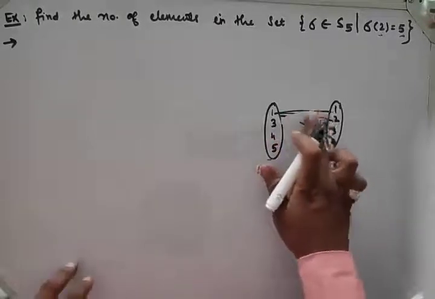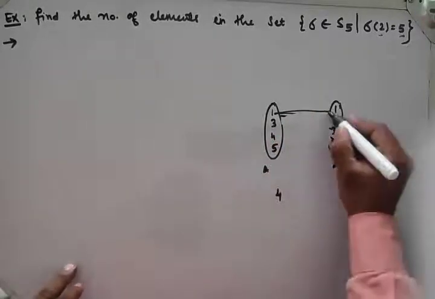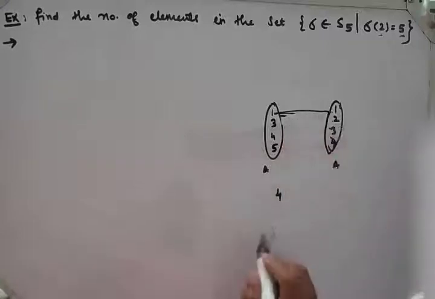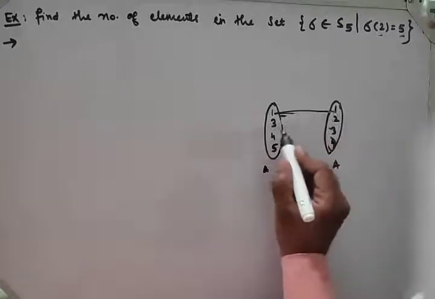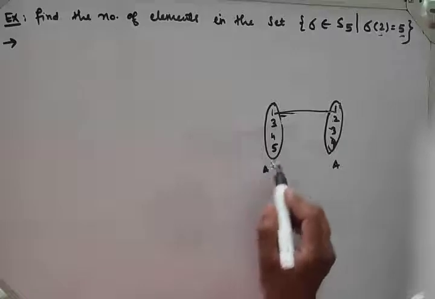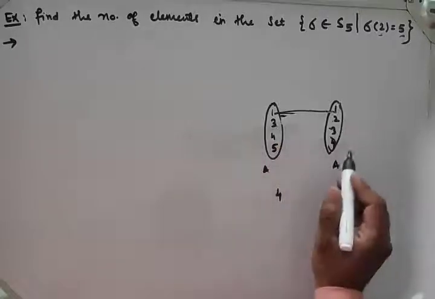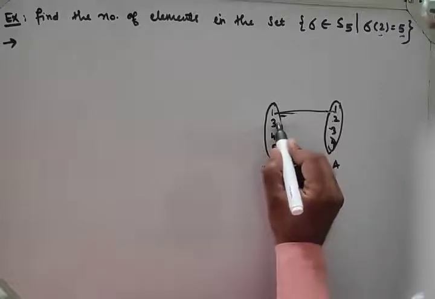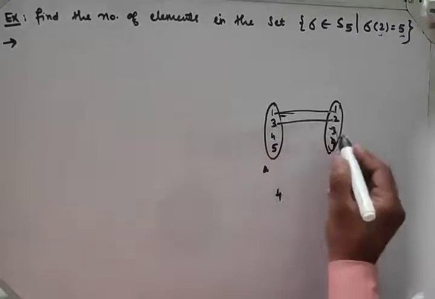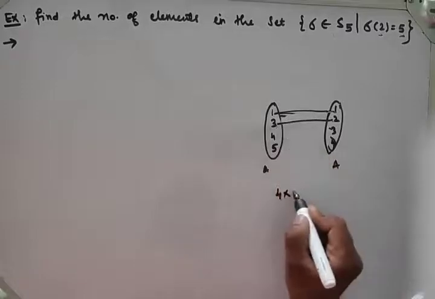If I fix any one of the choices, suppose I fix 1 to 1, then for the next element 3, how many choices remain? 3 has 3 choices, right? Suppose I fix 3 to 2.